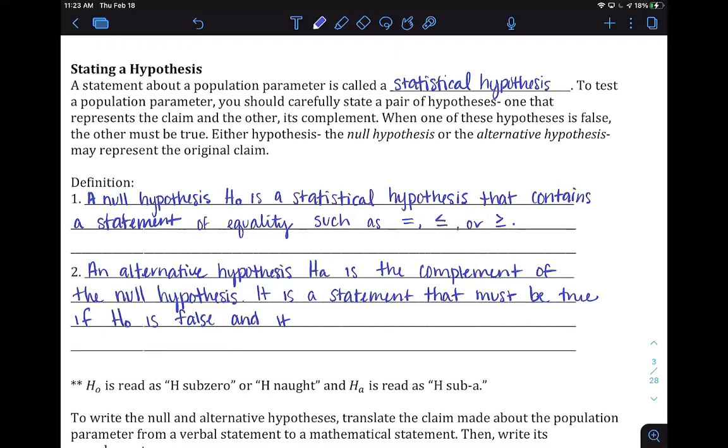And it contains a statement of strict inequality. So that's going to be not equal to, less than, or greater than.